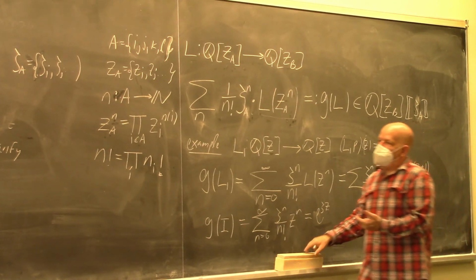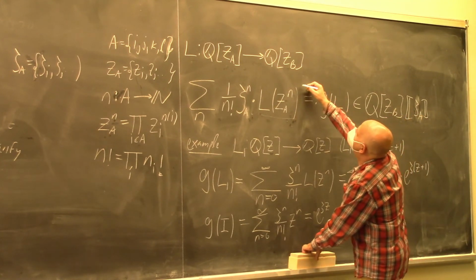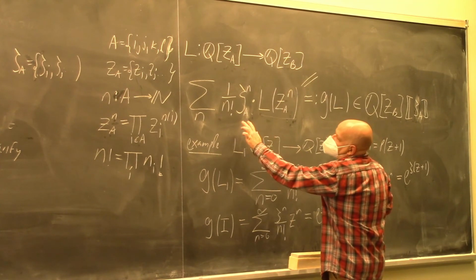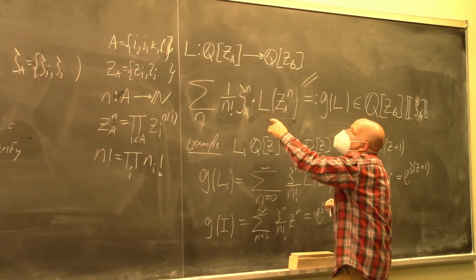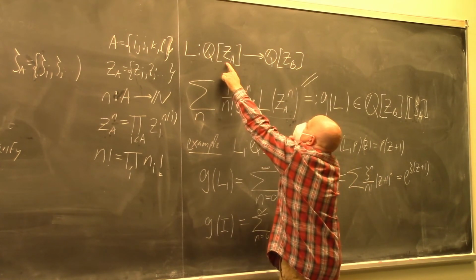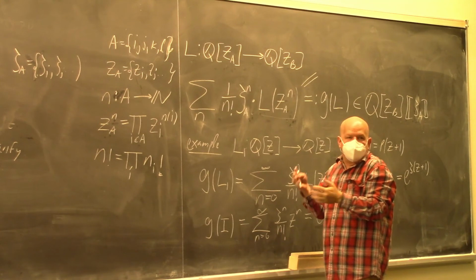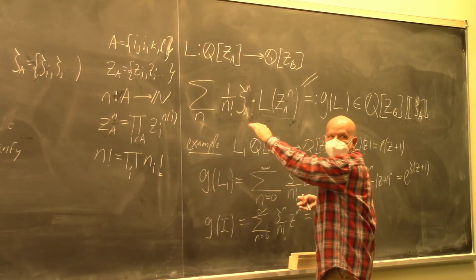So let's just write this. L is an operator acting on polynomials in z. But I can extend the ring of coefficients to include the zetas.